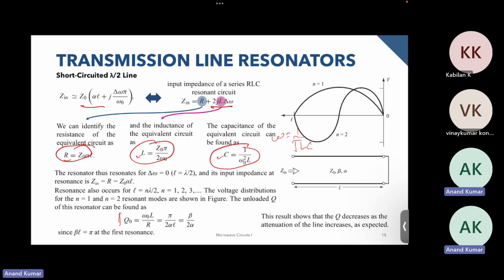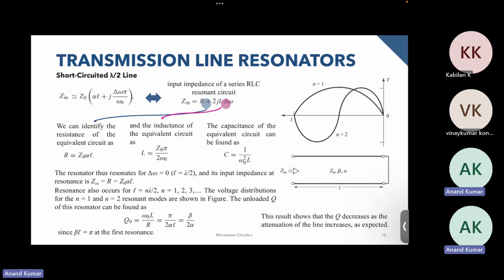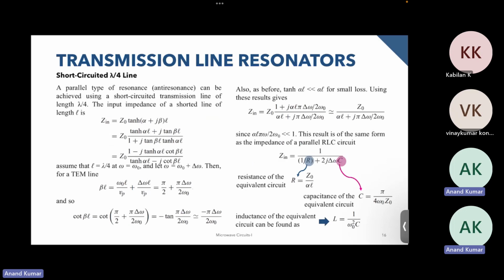So this we discussed in detail, and now a similar thing can be done for the short circuited lambda by 4 line. In this case, we evaluate the Z input and simplify the tanh alpha L and tan beta L terms.